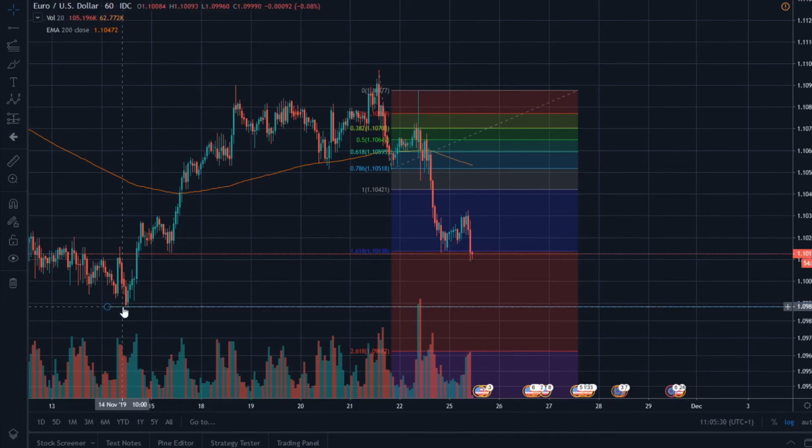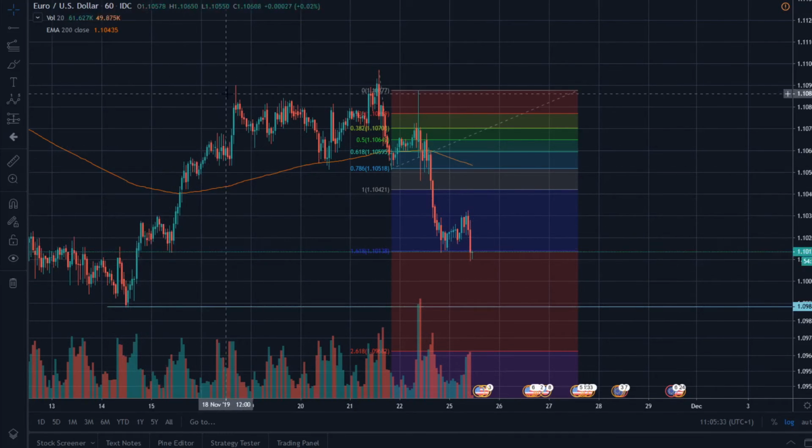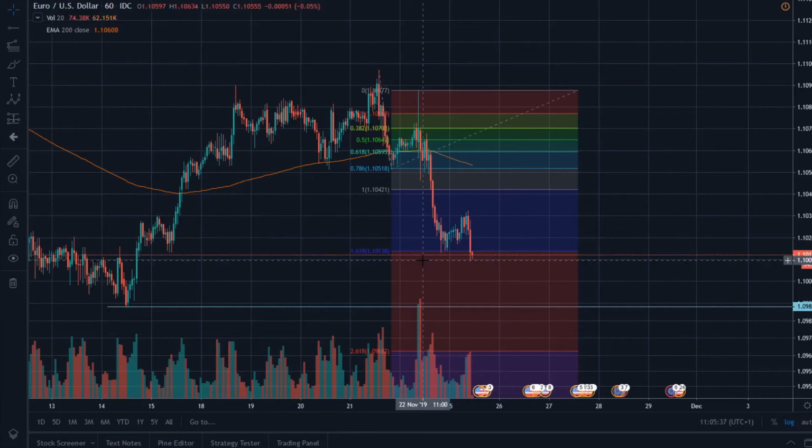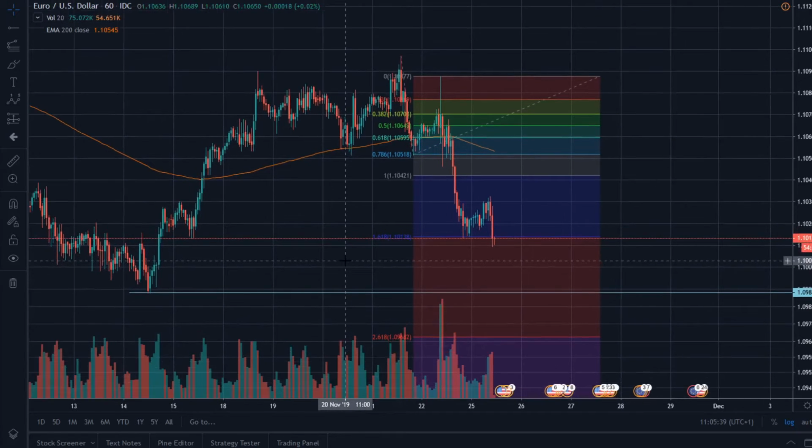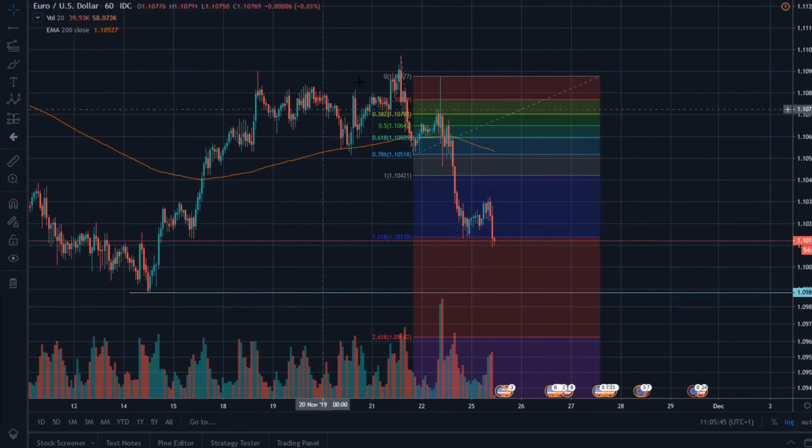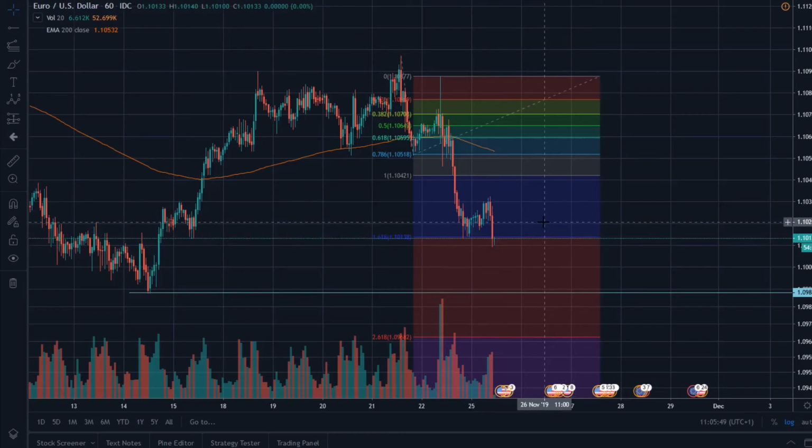So maybe this is just a 1, 2, 3, 4, 5, but a very weak one. I'm not sure about this, but either way, as long as this threshold is not broken, you're still at a somewhat, I wouldn't say bullish picture, but the price movements point to the upside.